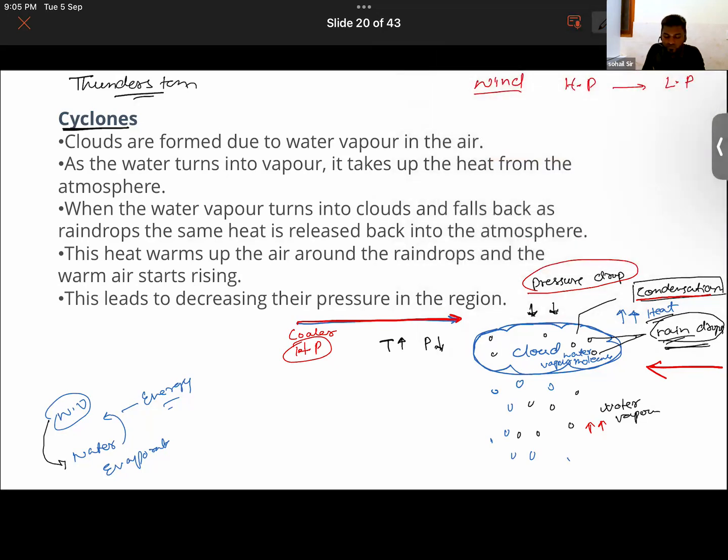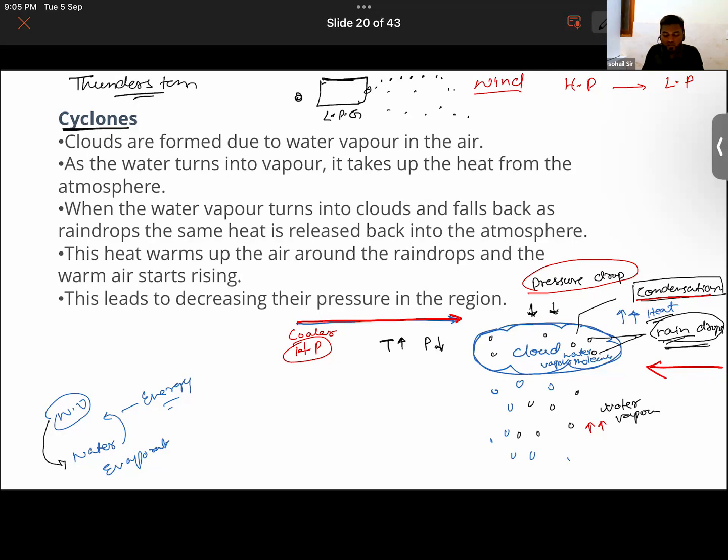Okay. So suppose you have a container filled with, let's say, LPG. As soon as the nozzle is opened, the smell of the LPG spreads to the whole room or in fact the whole building. Why is it so?